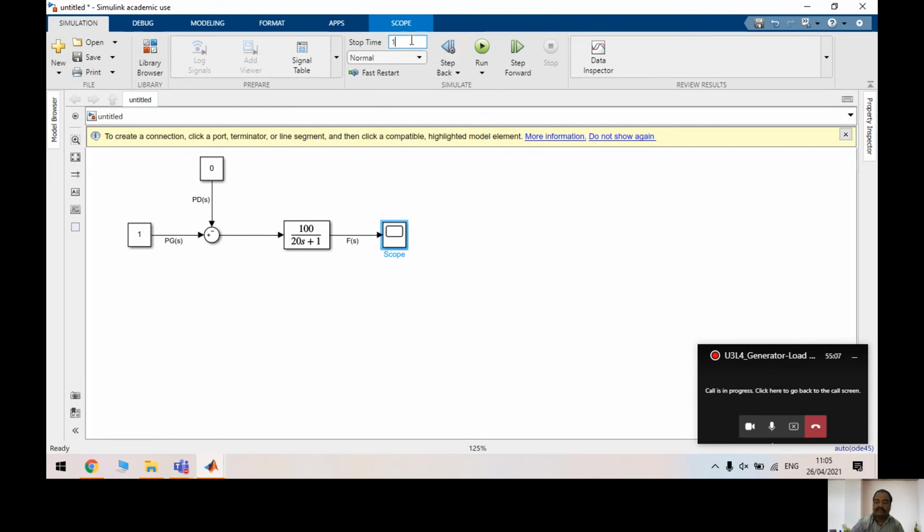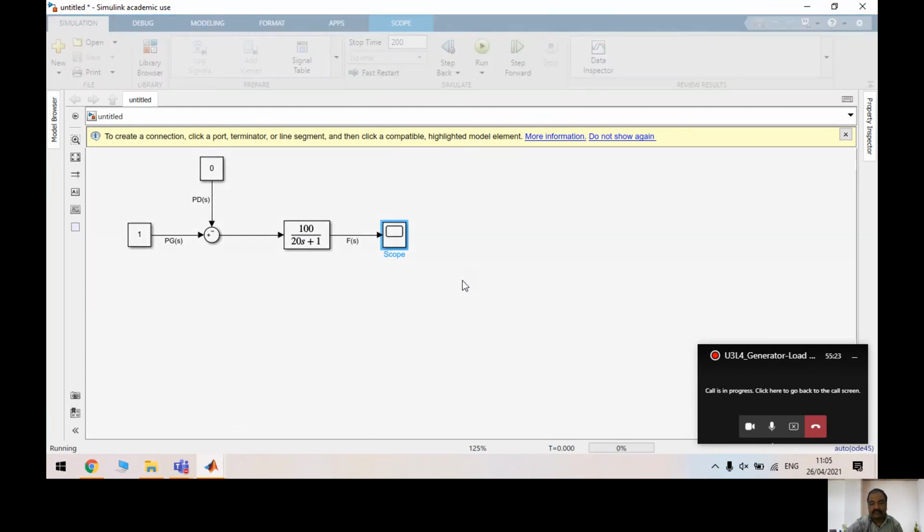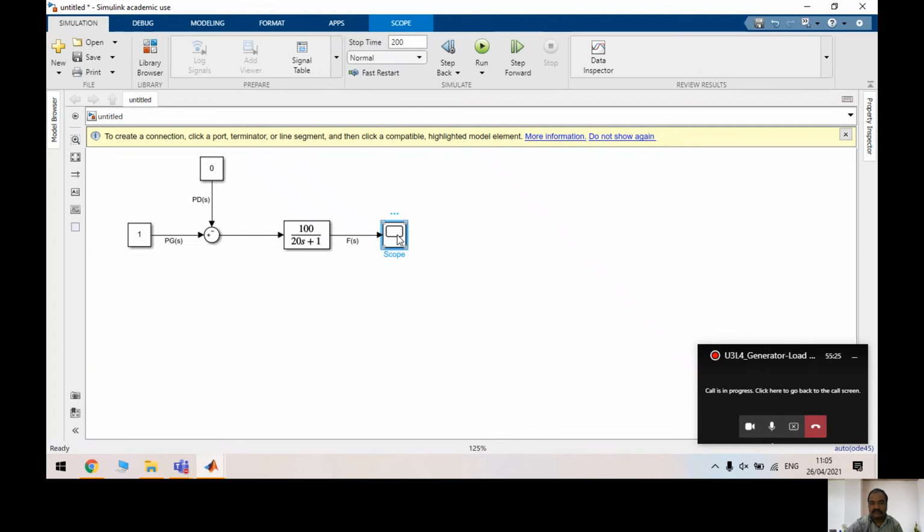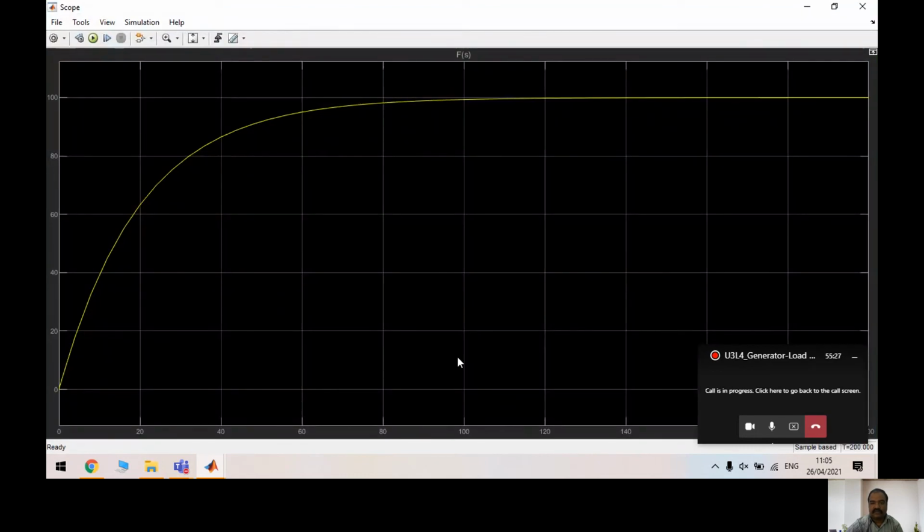So I'll be going with 200 seconds. Normally for 5 time constants, I'll be getting a steady state value. Since I have taken 20, at least I may need 100 seconds for getting a steady state value. Now I'll show you. I have done it for 200 seconds.